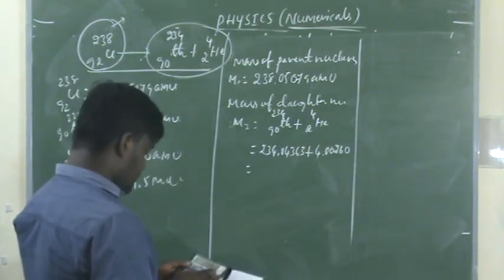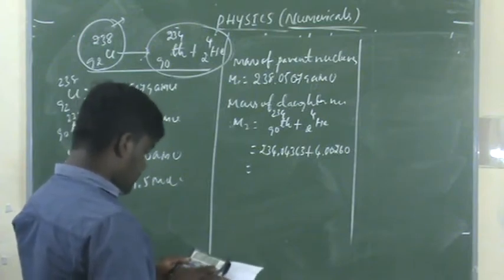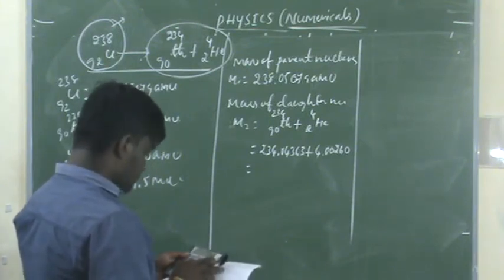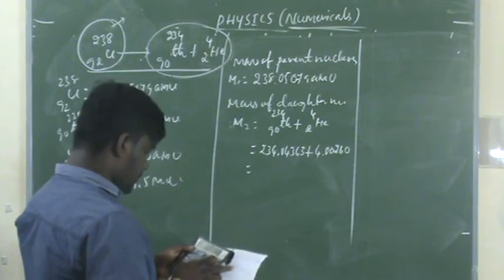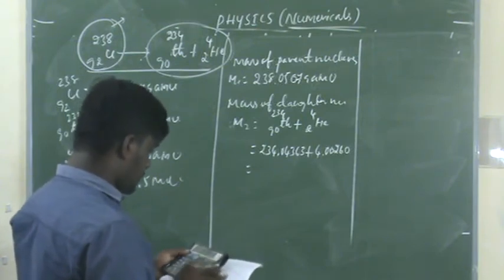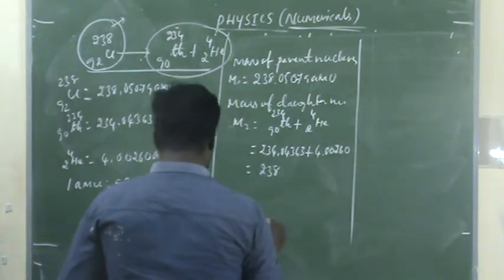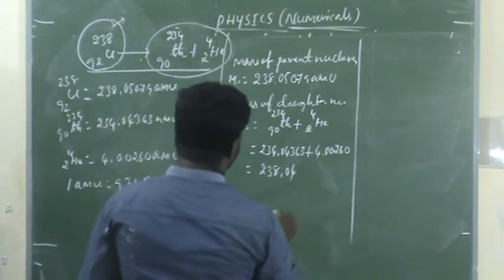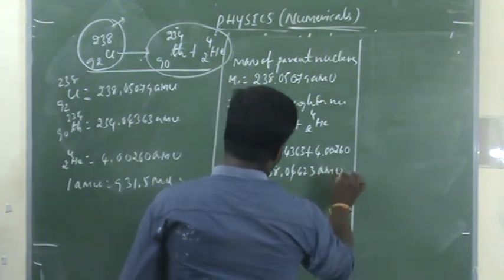So add them: 234.04363 plus 4.00260, that is equals to 238.040623 atomic mass unit.